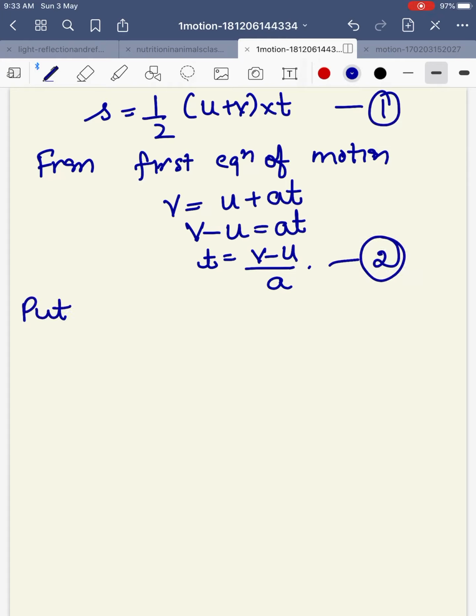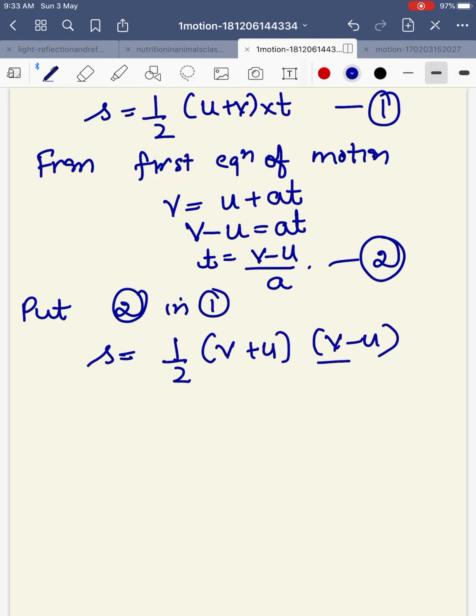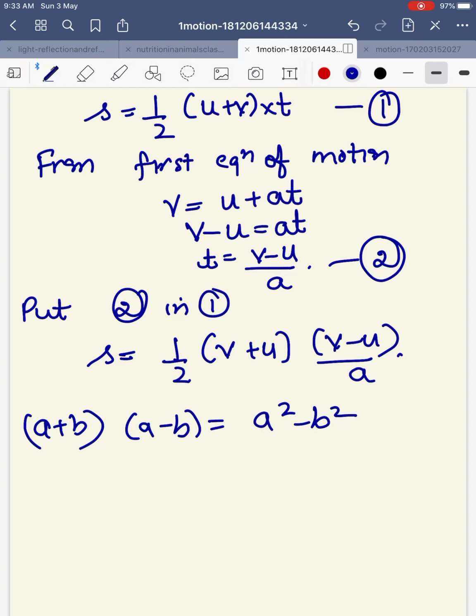Now put 2 in 1, okay? In place of t, I'll be writing this value v minus u by a. You had read in maths a plus b into a minus b. The formula is a square minus b square. Similarly here also you can see it is v plus u into v minus u.